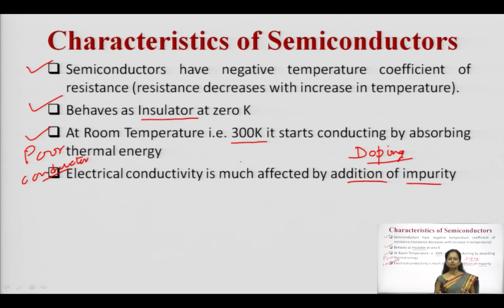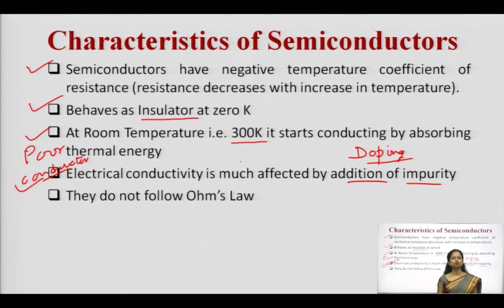There may be a majority of electrons in the case of N type, or a majority of holes in the case of P type. So if there is an addition of impurities, electrical conductivity will vary. This is also a very important point, you must remember it.